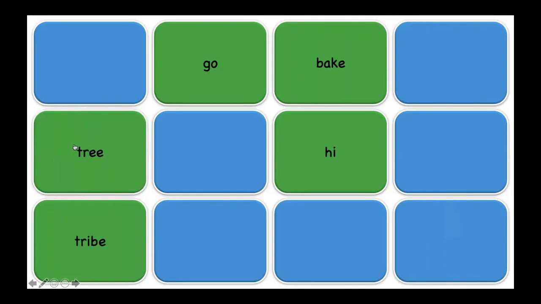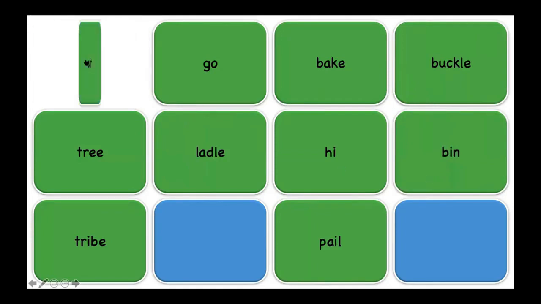Tree. Ooh, I think I saw another vowel team somewhere. Oh, yes. Pail. There you go. Good job. Ladle. Okay. I remember up here was buckle. Good. You've got a good memory. All right. Bin. Okay.